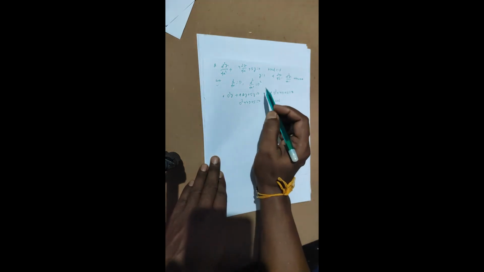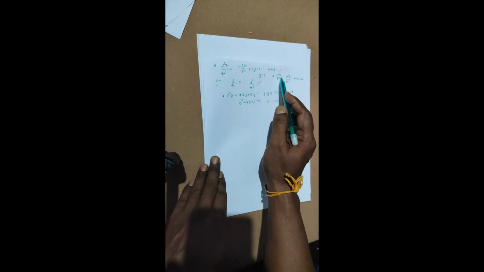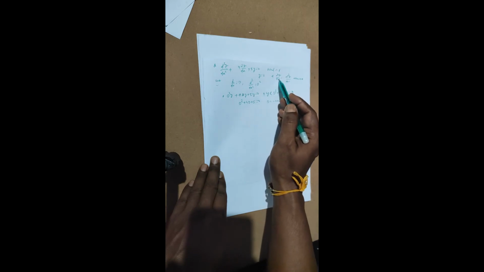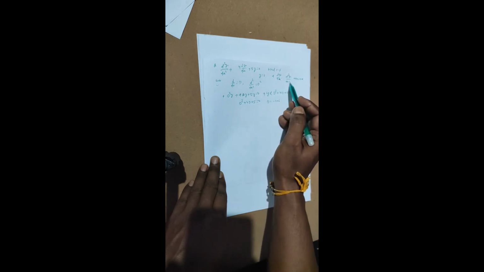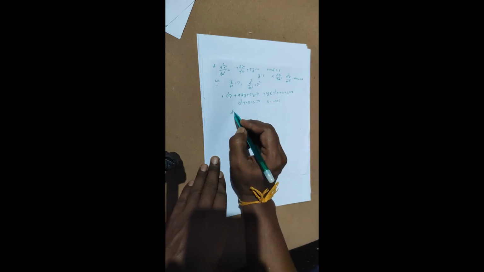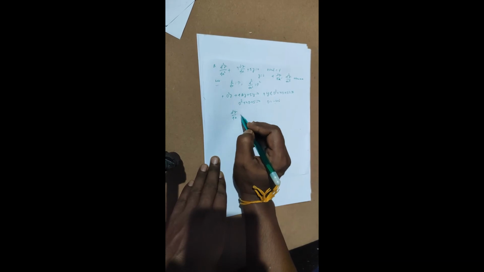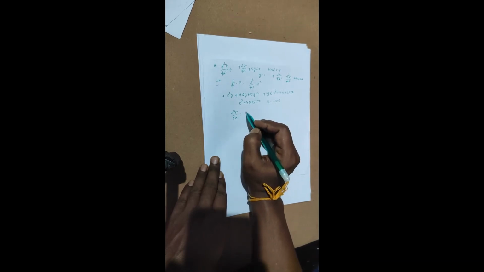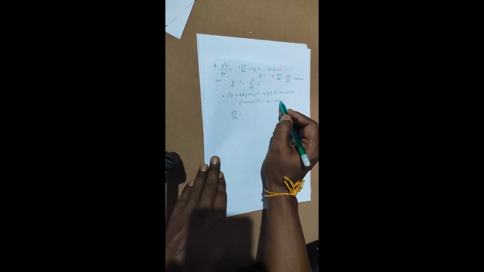So this is the question: y, dy by dx, and d square y by dx square, that is the double derivative. First of all, y value means you have to represent a complex number.